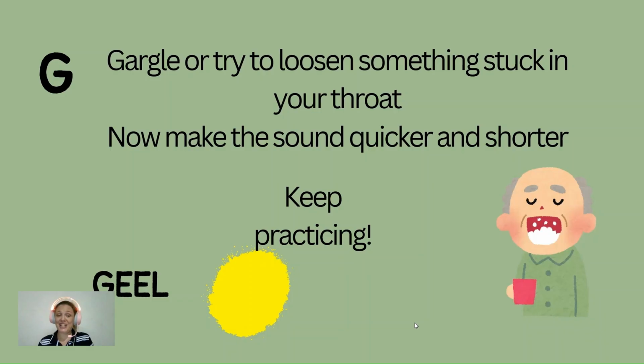Next, the letter G is one of the most difficult letters to pronounce in Afrikaans. Try to think of when you gargle, grr, grr, grr. Or if you're trying to loosen something stuck in your throat. So go from the English g, g.